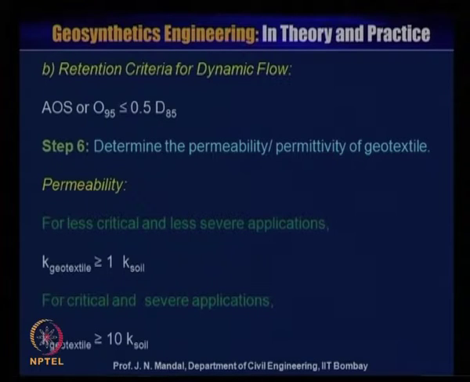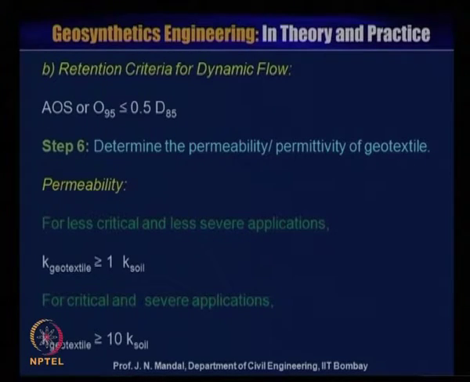Now, for the retention criteria for dynamic flow, the apparent opening size, or O95, is less than or equal to 0.5 times D85. Step 6, determine the permeability or permittivity of geotextile.